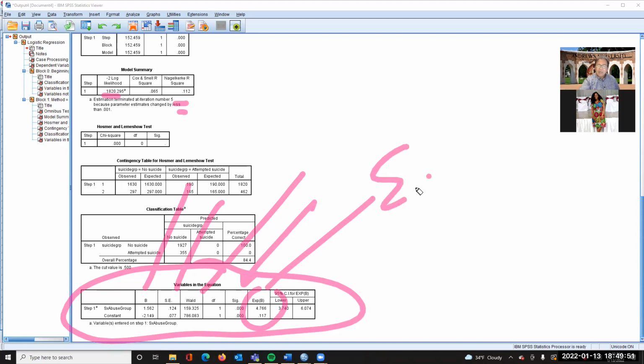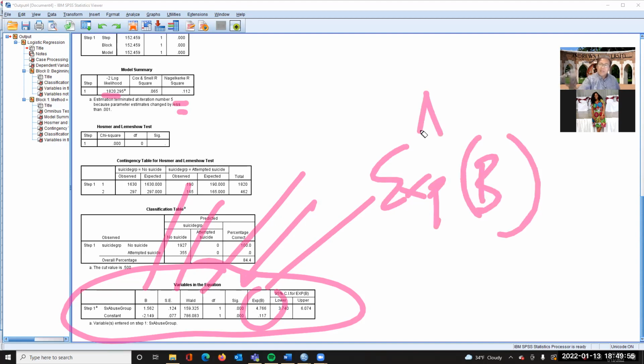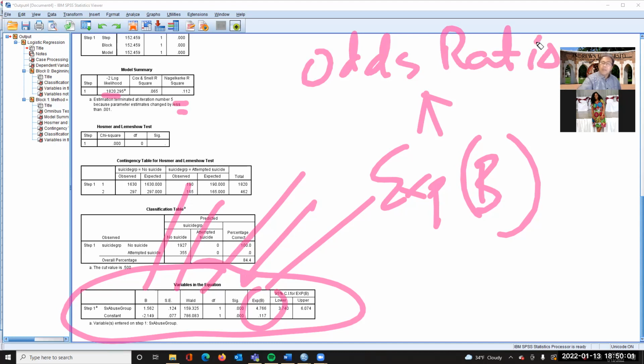This is the exponential of B. This is what we call the odds ratio. That's very important because that's what you interpret.